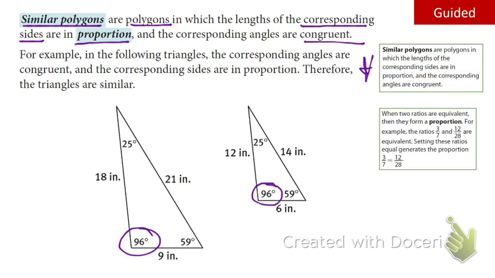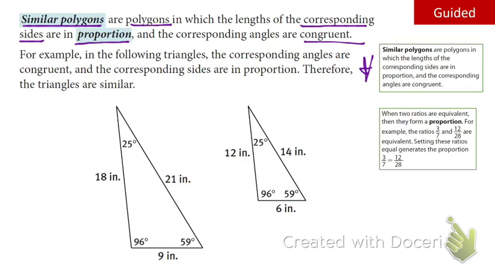We have 96 and 96 degrees, 25 degrees and 25 degrees, and then 59 and 59 degrees. So, because the angles are congruent, then these 2 triangles are similar triangles, okay? And you can have similar shapes. In this case, we are talking about similar triangles.